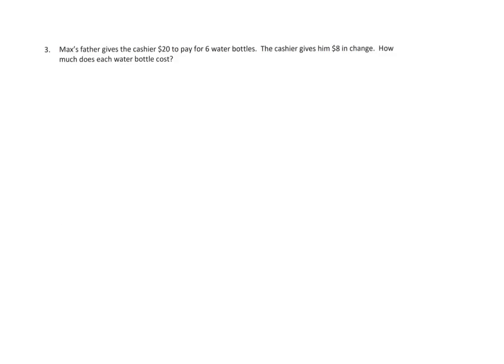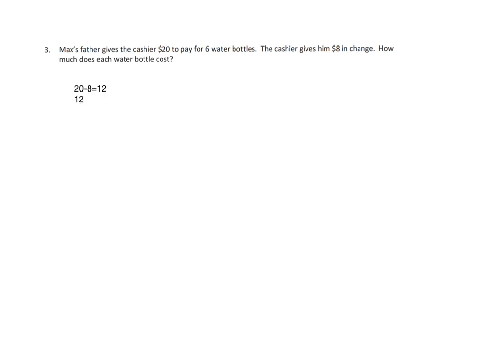In this problem, it says Max's father gave the cashier $20 to pay for 6 bottles of water. The cashier gives him $8 in change. How much does each water bottle cost? So we're going to do 20 minus 8 because that will give us how much he has actually spent on the water, which is $12.